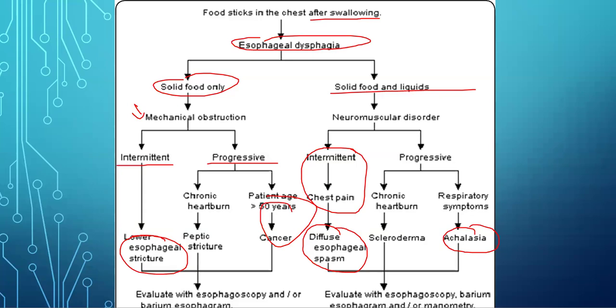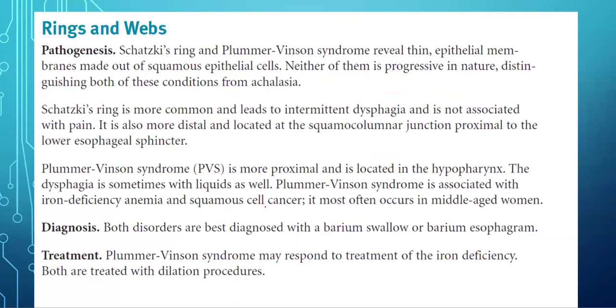Ideally, if it is only dysphagia to solids, then either you think cancer or you think of benign peptic stricture. It is very easy to differentiate between these two, because benign peptic stricture will take years of reflux, whereas cancer will take maybe just a few weeks or months.